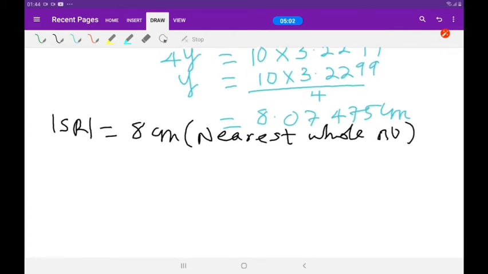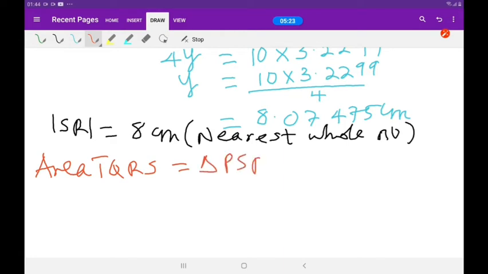And to get the area of that smaller triangle, what do we do? We need to quickly say that area TQR will be equals to triangle PSR minus triangle PTQ, right?